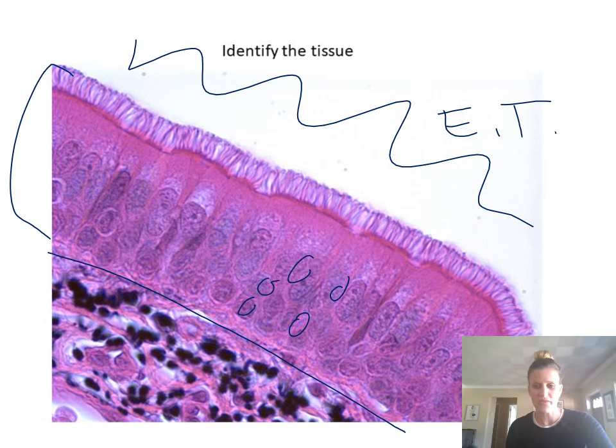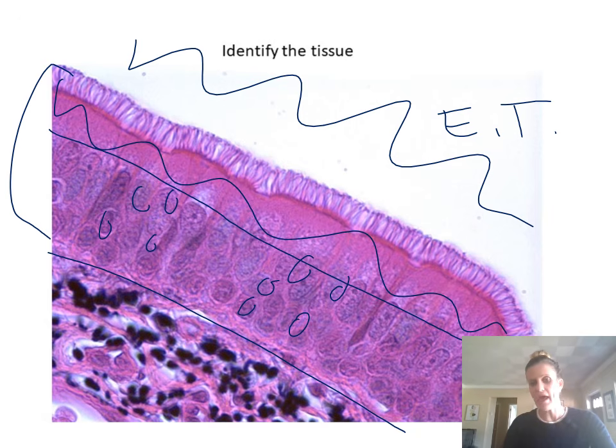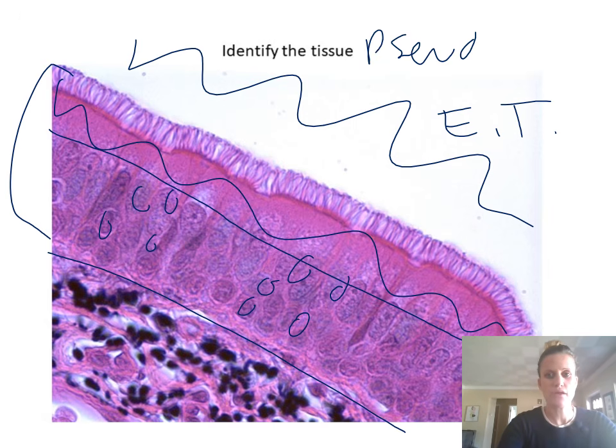This is the weird one that I said is pseudostratified. The way you can identify it is that there are nuclei that look like they're at all different levels, but they don't go all the way to the top. Notice that there's this free space up here without any nuclei. So this is pseudostratified.